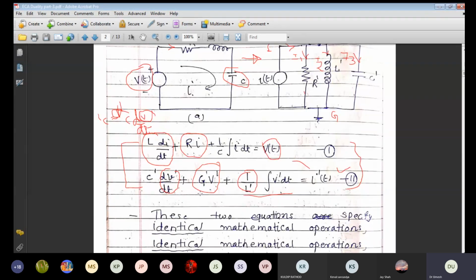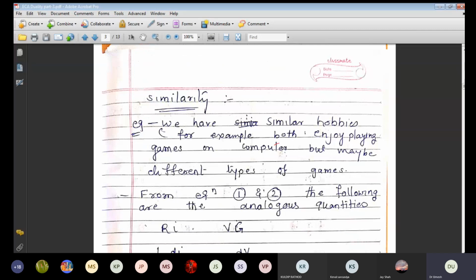If I have to show these two as dual, two students, student 1 and student 2, I say both are dual in that sense, both having hobbies of playing games on the computer, enjoying the game on the computer. That is the format of the equation.